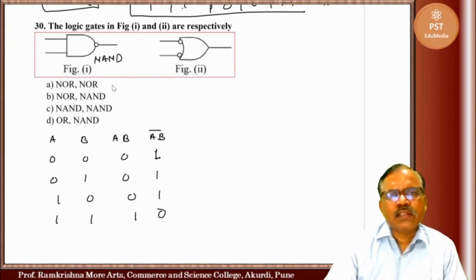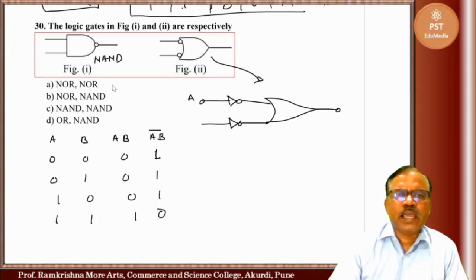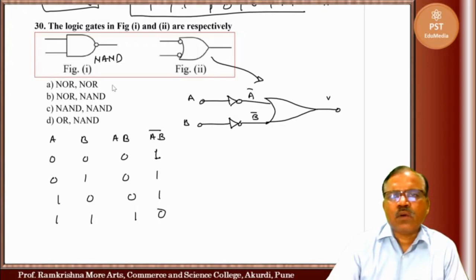Now this one is represented like this: a NOT gate here, a NOT gate here, and then we have an OR gate. So suppose we have A here, B here, we get A bar, B bar, and output Y is A bar plus B bar.